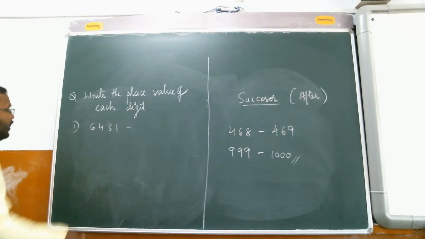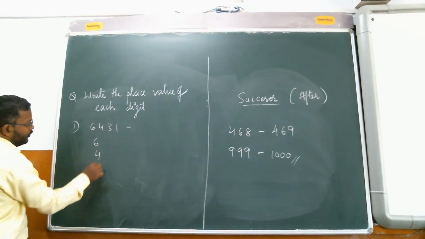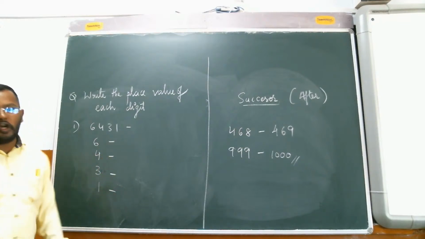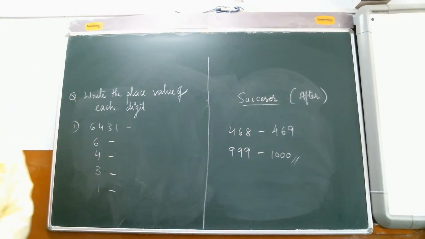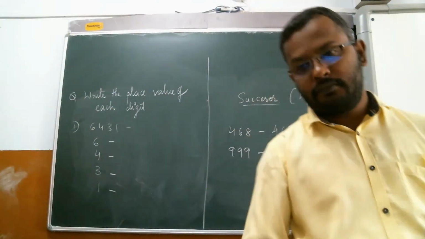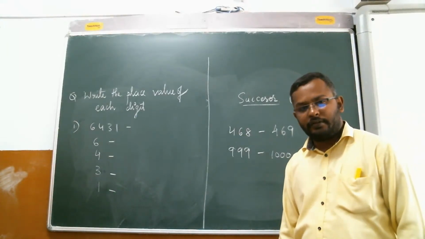How many digits are there? Total 4 digits: 6, 4, 3, 1. For each digit you have to write the place value. What is the place value of the first digit, that is 6? We are asking the place value.